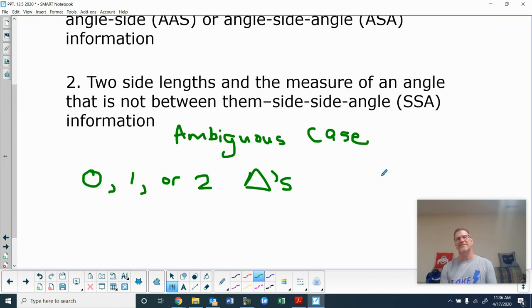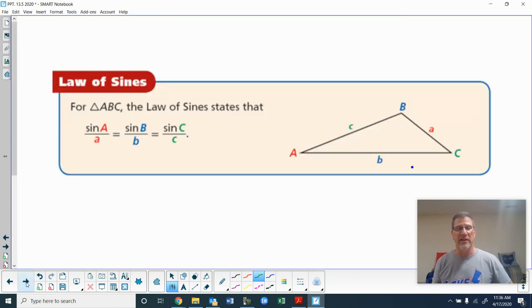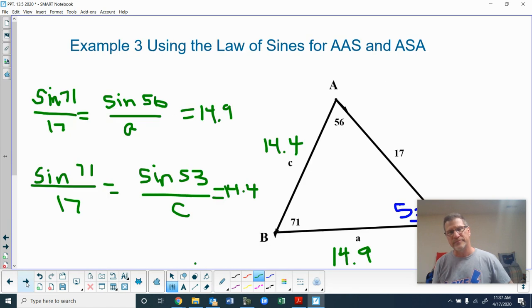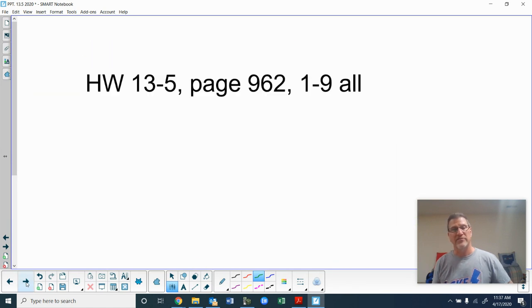Because you could have 2 sides and an angle. They'll give you 2 side lengths and an angle, and then they won't actually close. You know, I got 2 side lengths and then this angle, then these don't touch. So that's why sometimes it comes out to 0 triangles. And sometimes with your side lengths and angle, you could actually have 2 triangles.